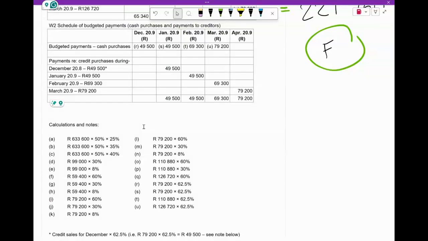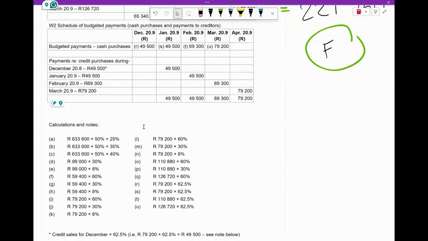So what then must happen? If there's no opening or closing inventory, what does that mean? Whatever you buy, you use in that month, isn't it?